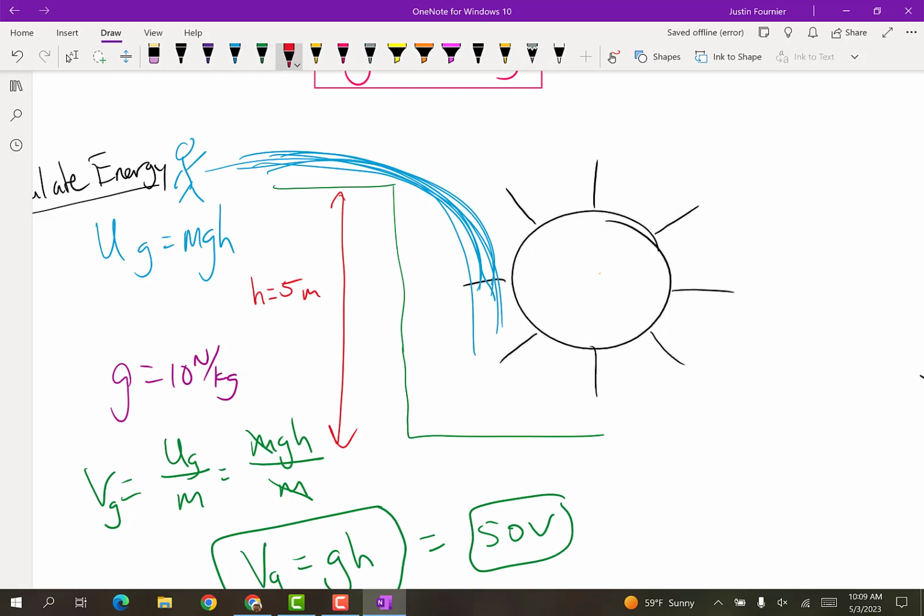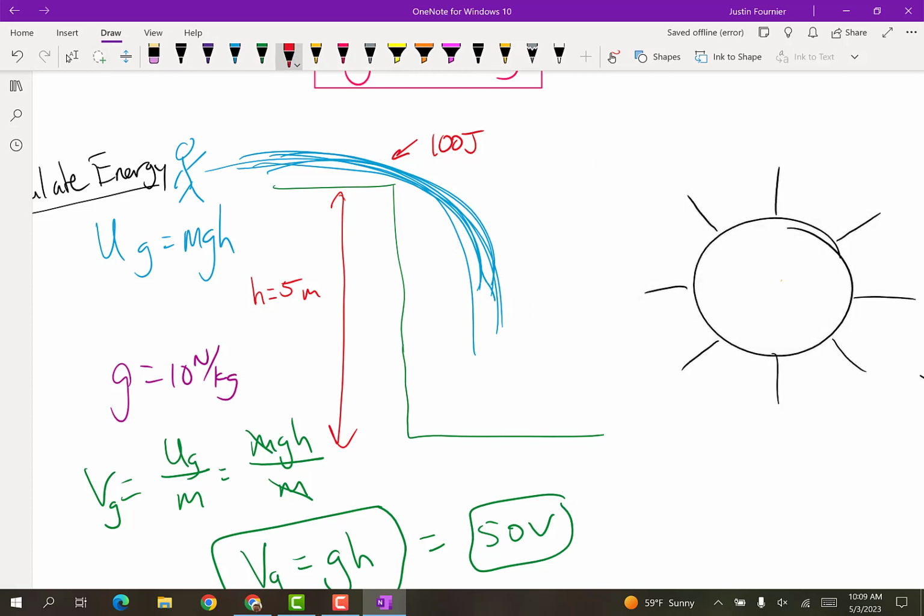I'll go back to energy right now. So let's say with this amount of water, I have 100 joules of energy right here. And without the water wheel, all that water would turn into kinetic energy when it reaches here, and it would have 100 joules of kinetic energy at the end. So this would be the gravitational potential energy, this would be the kinetic energy here.